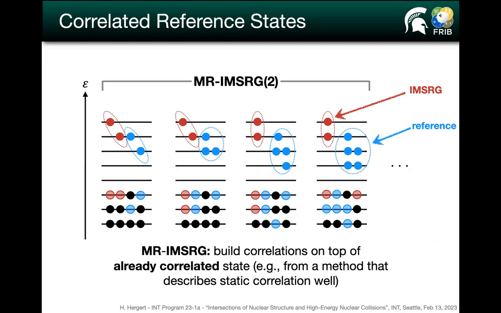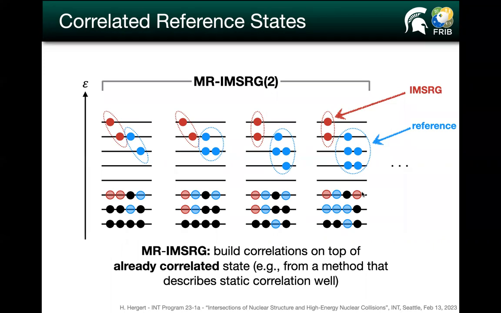Why not try and use some correlated reference states that have some of these collective correlations baked in, and then use IMSRG to capture the few-particle high-energy correlation, dynamic correlation, sometimes that's what they are called in the chemistry literature, by doing the in-medium SRG procedure on top of this collectively correlated reference state. So we're trying to get the best of both worlds, one approach that covers both kinds of expansions in a way.